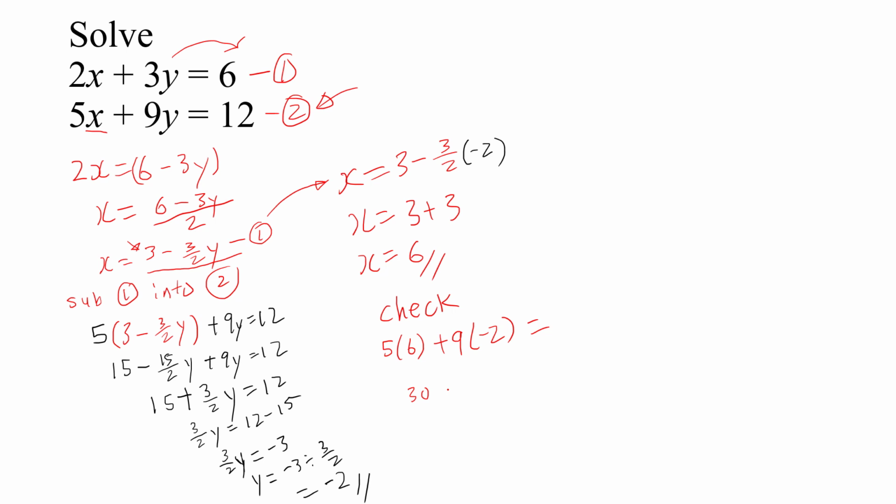Here I have 30, here I will have -18. So 30 minus 18, I will get 12. So bingo! Correct. And this is how you solve simultaneous equations if you do not just have a simple x or simple y.